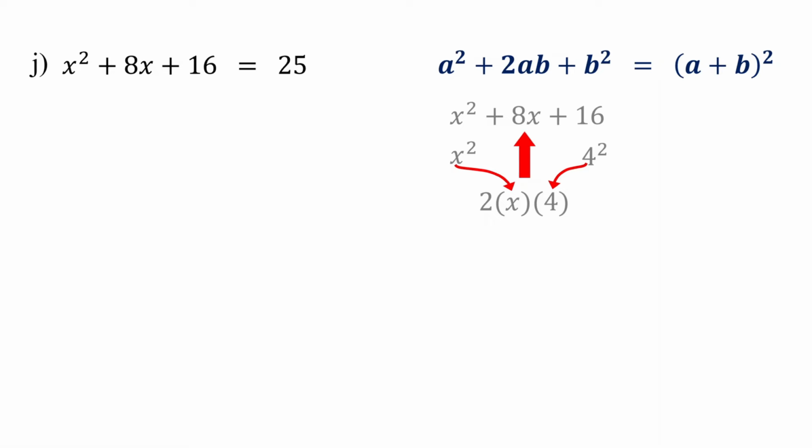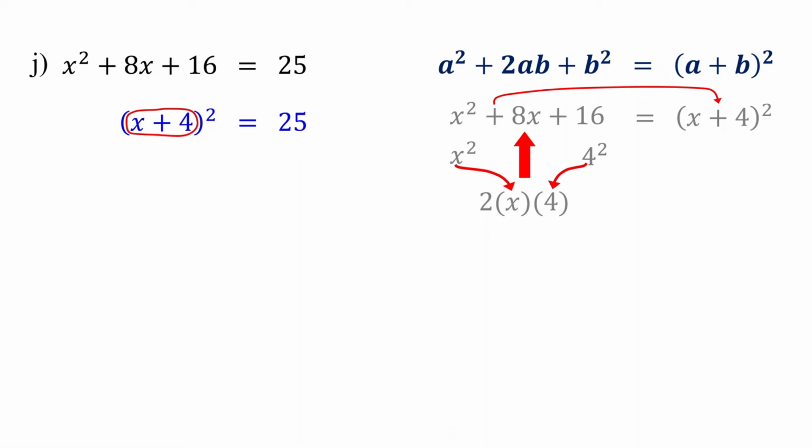Therefore, since all 3 conditions are met, this trinomial is a perfect square. Now, since a is x and b is 4, we can factor it as x plus 4 squared. Notice that if the sign of the middle term is positive, the sign in the factor is also positive. Similarly, if it is negative, the sign in the factor is also negative.